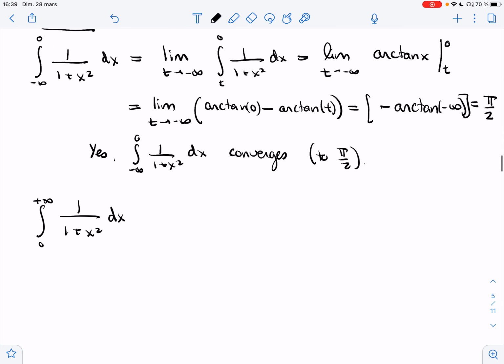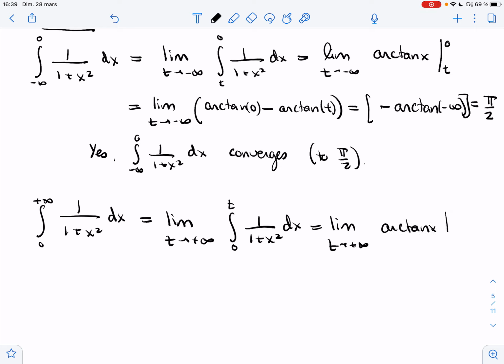We get the integral from 0 to positive infinity. That's going to be the limit as t goes to positive infinity, 0 to t, 1 over 1 plus x squared. Again, that integral is pretty straightforward. Arctan of x from 0 to t, limit as t goes to positive infinity, arctan of t minus arctan of 0.